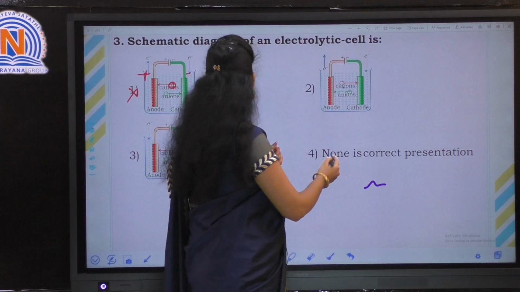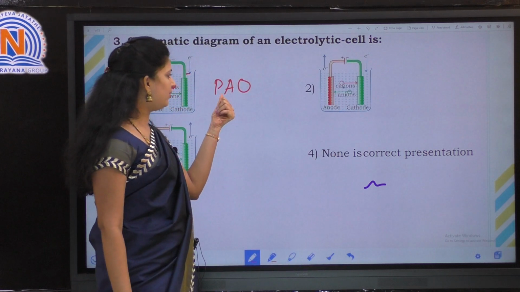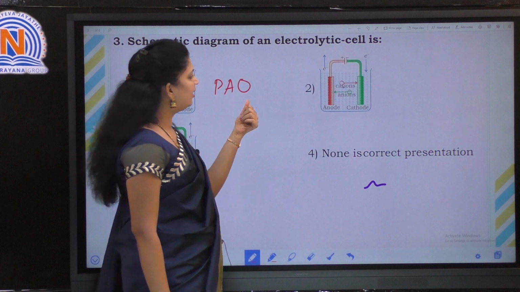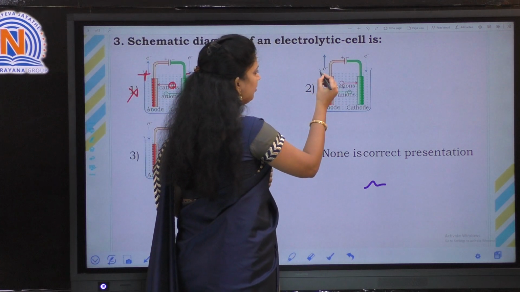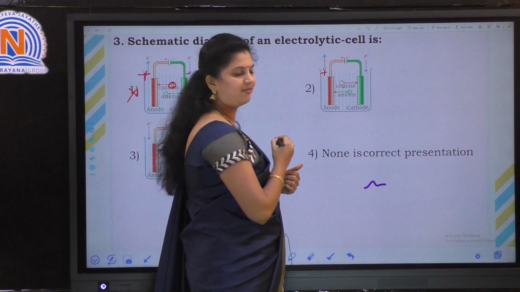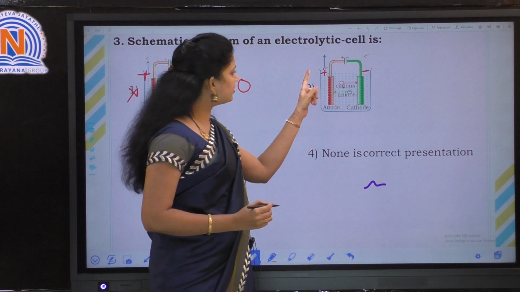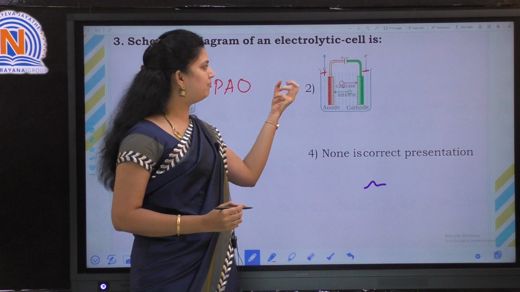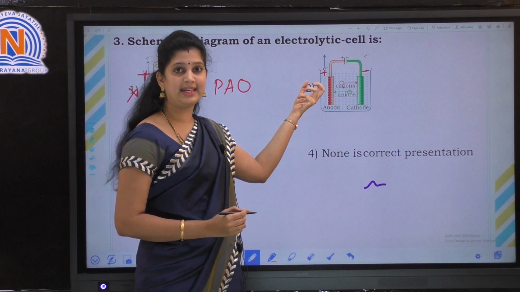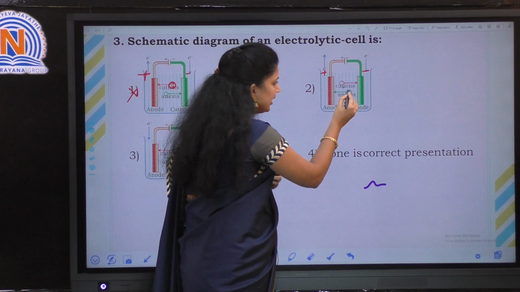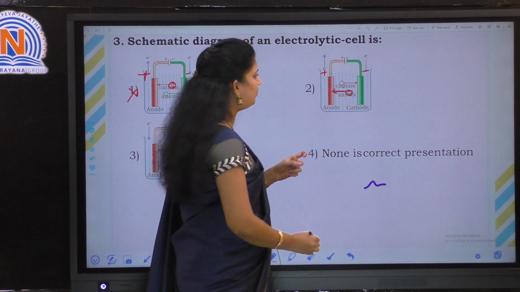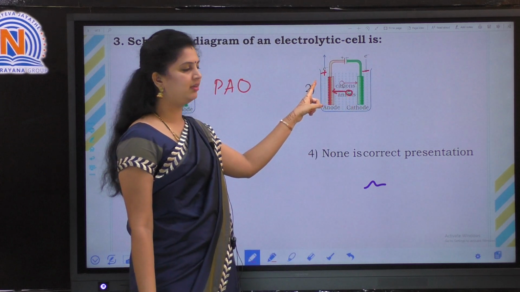Okay, so let's move on to the next option. If you see here, same formula, the anode is positive. So the cathode will be definitely negative. So what are the ions which are attracted by the cathode? Definitely negative ions. So negative ions are getting attracted towards the anode.